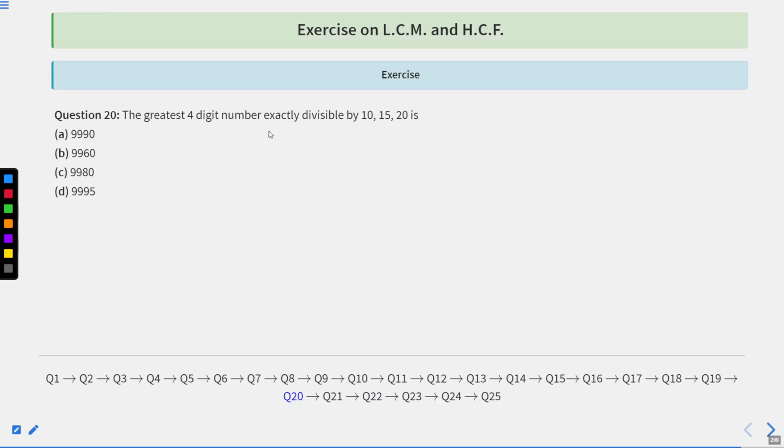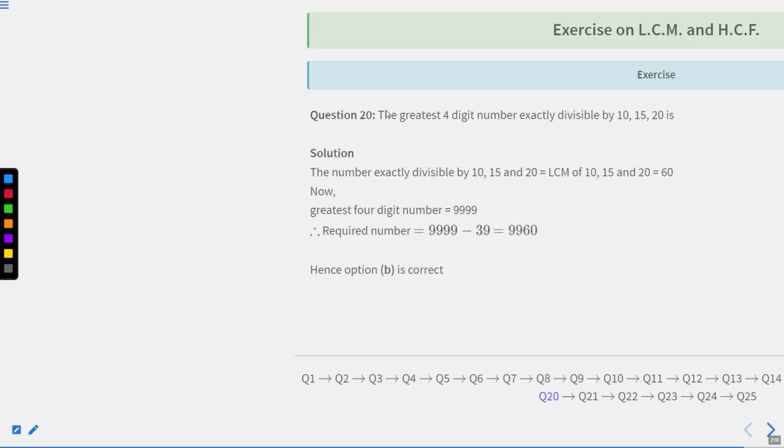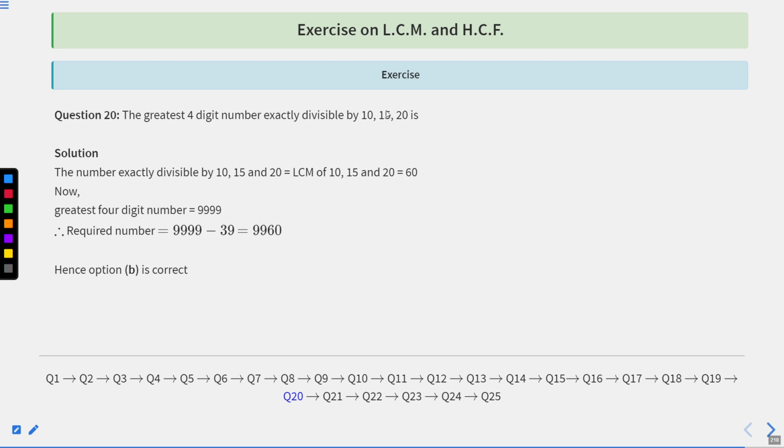Question number 20. The greatest 4-digit number exactly divisible by 10, 15, 20 is. Solution. The number exactly divisible by 10, 15, 20 is equal to the LCM of 10, 15 and 20, which is equal to 60.